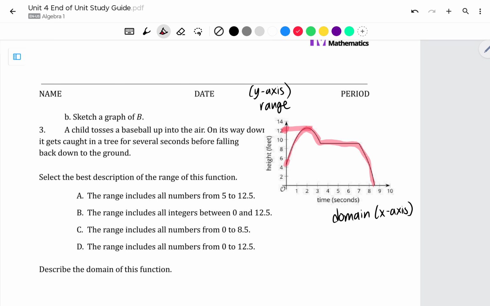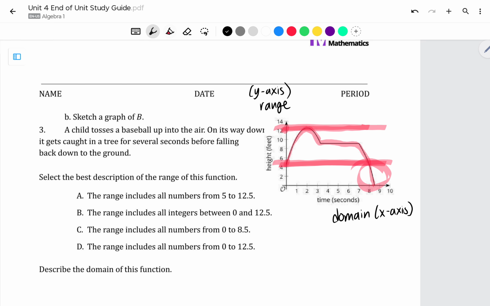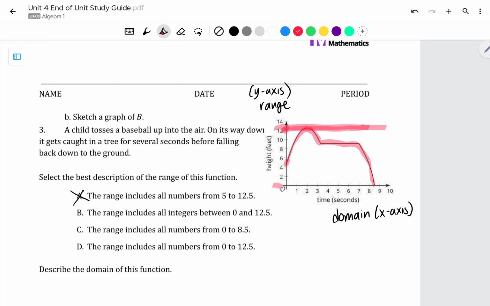No, absolutely not. It covers down here as well, so that's not true. What about range includes all integers between 0 and 12.5? Integers means only whole numbers. That's not true. It covers every number, so it's not going to be B.